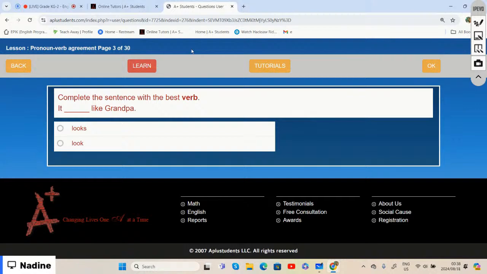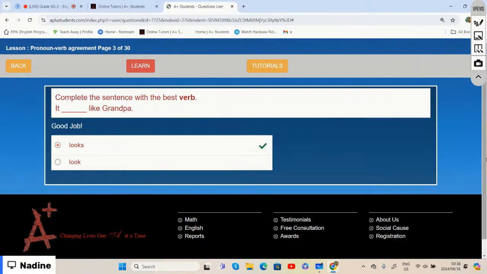And if we were to choose the correct option, we can say it looks like grandpa.